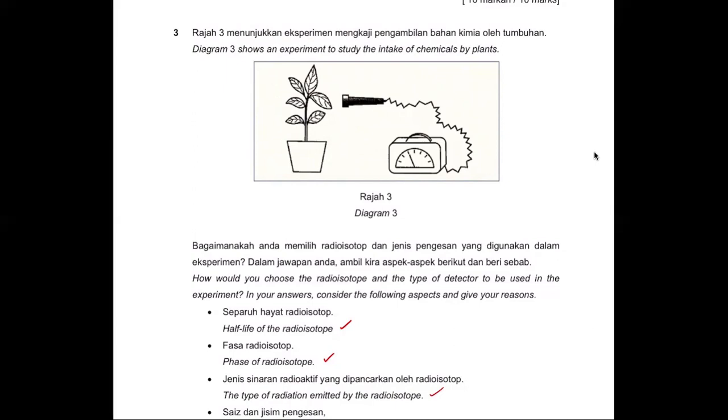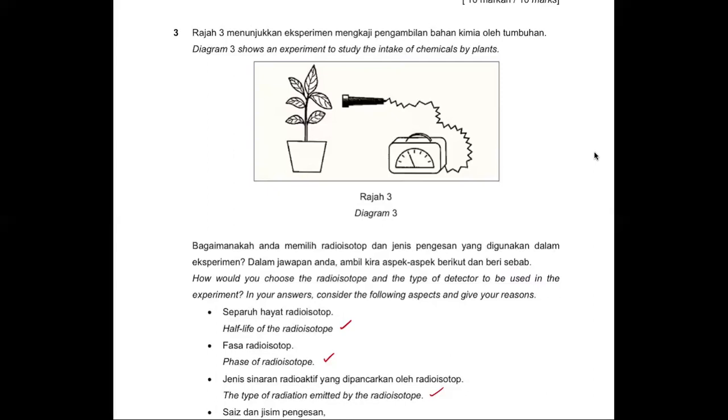Okay, and then the next one, the phase of radioisotope. Because this one is involving plants, so it would be better if we use in liquid form, instead of solid or gas, because in liquid form, it can be easily absorbed by the plant.